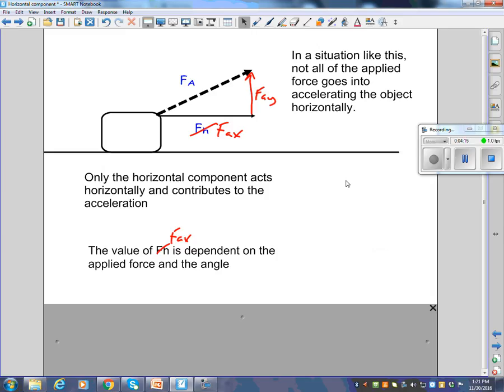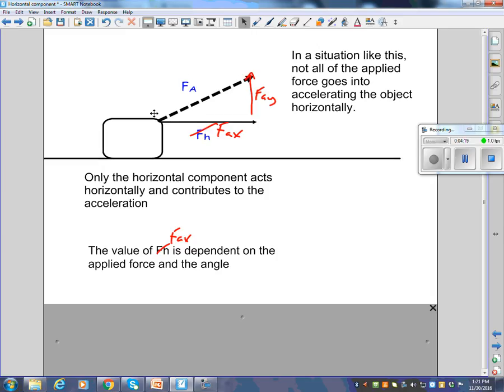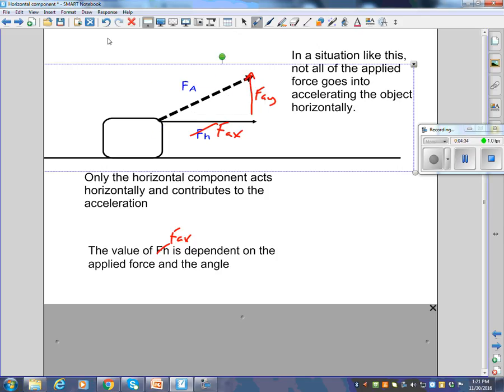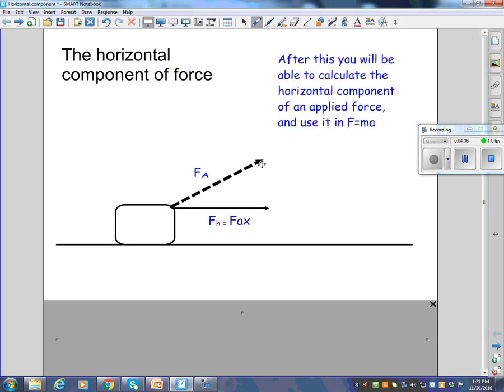What I mean there is this. If that is my applied force, if the angle is less, so let's go back to this one here, because this one worked before. If the angle is less, then this applied force's horizontal component actually gets longer.